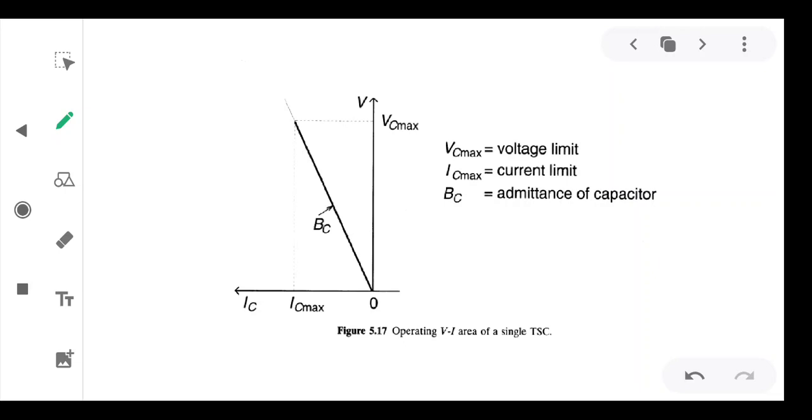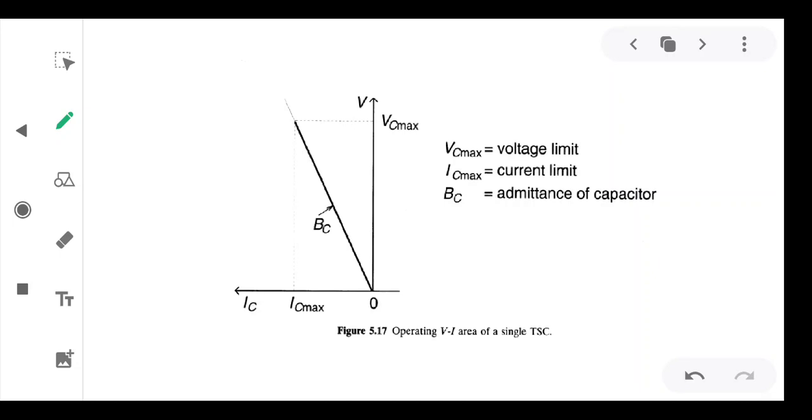Now, it will operate only along the straight line, generally at its maximum value. I max is equal to IC max is equal to VC max into BC max. It is a straight line and linear. So therefore, it is possible to have positive, that is leading, reactive power control with the help of TSCs.